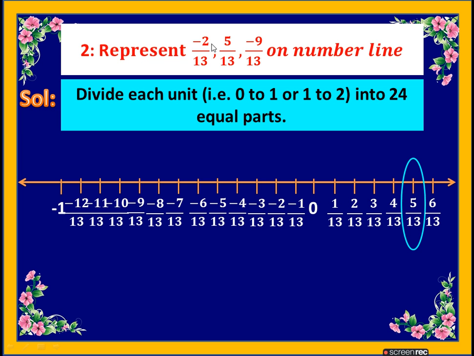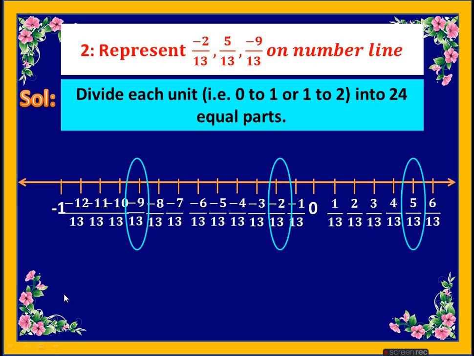We want minus 2 by 13, 5 by 13, minus 9 by 13. This is 5 by 13. And next minus 2 by 13, this is minus 2 by 13. And minus 9 by 13, this is minus 9 by 13. So these are the numbers on the number line when we represent the given numbers on number line.